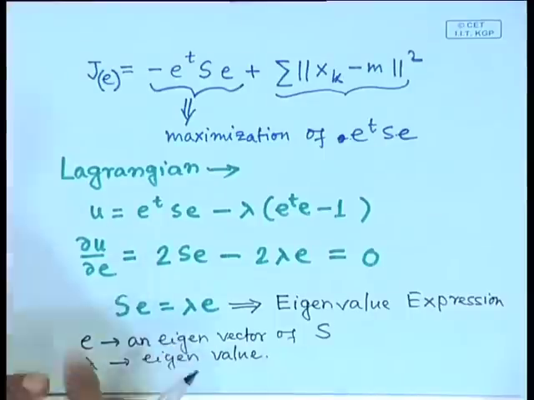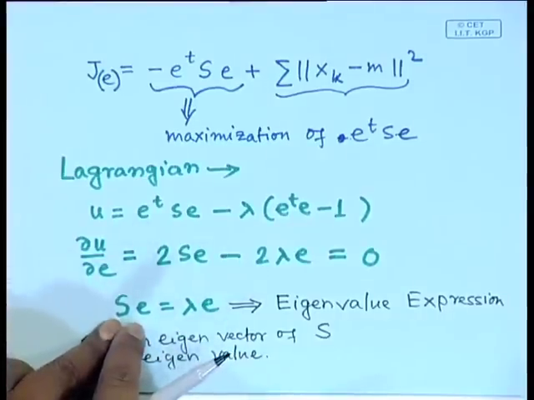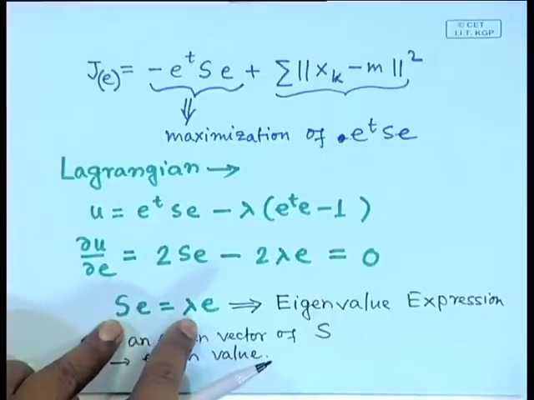So, if I want to maximize E transpose lambda E, that means I have to take the maximum value of lambda. Okay. So, that effectively says that when I am considering the direction of the line in the direction of vector E, this E is nothing but the eigenvector, and which eigenvector do I have to consider? The eigenvector corresponding to the maximum eigenvalue.